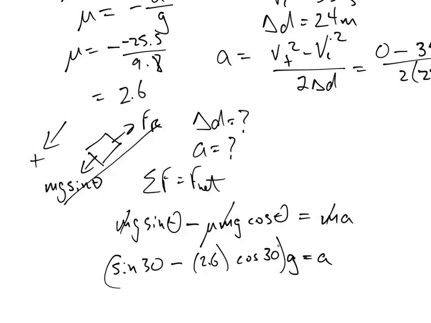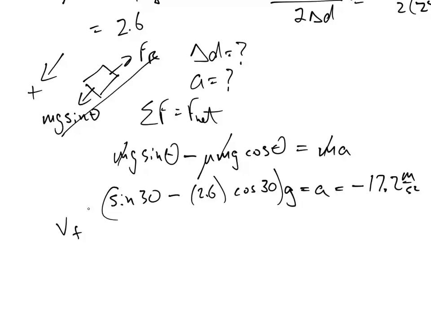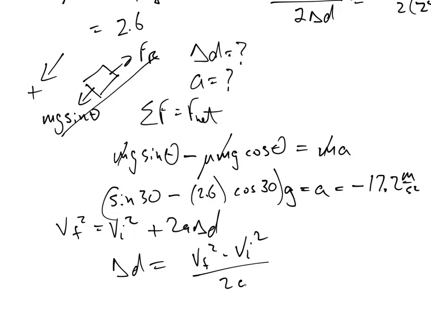Now, what do I get for that value? Sine 30 is 0.5, and then 2.6 times cosine 30, subtract, and we get 9.8 times that. We get an acceleration of negative 17.2 meters per second squared. Therefore, once again, using this equation, v final squared equals v initial squared plus 2a delta d, solving for delta d, we'll get this divided by 2 times a.